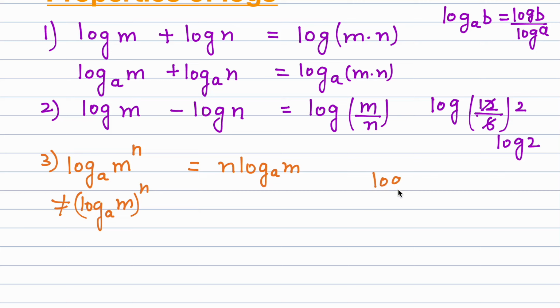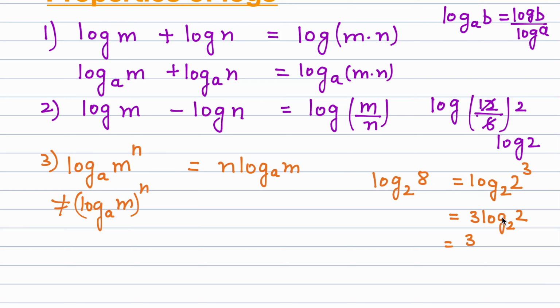Suppose I have log base 2 of 8, right? So according to the base rule, it is log of 8 upon log of 2. But as we know, 8 is 2 cubed, so I can use that property here. So that is equal to log of 2 cubed upon log of 2. According to the property, the 3 will come as multiplication. Log of 2 of 2. Now log of 2 of 2 is equal to 1. So that is equal to 3.